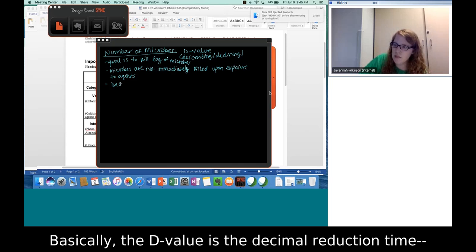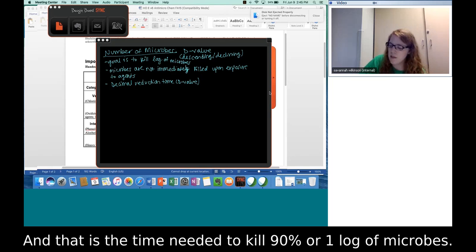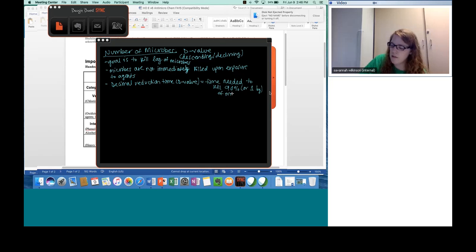Basically, the D value is the decimal reduction time. D value. And that is the time needed to kill 90% or 1 log of microbes.